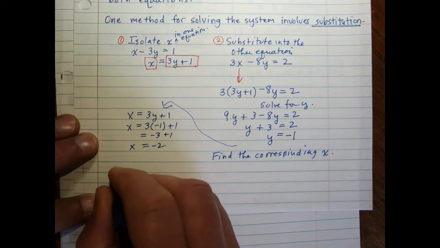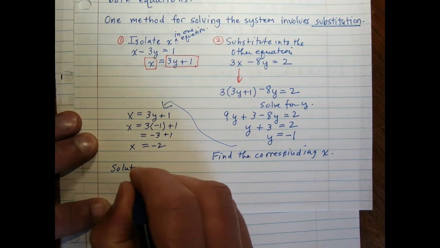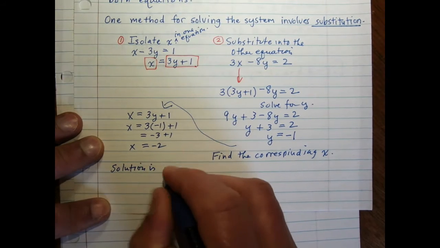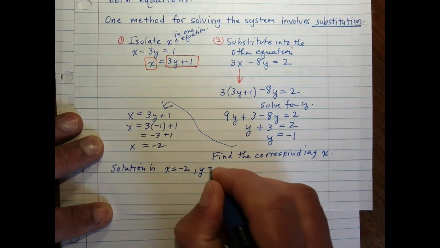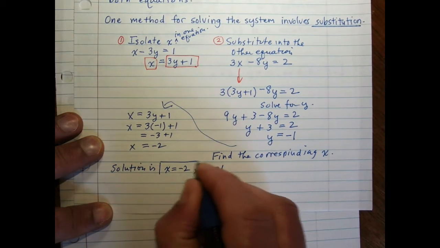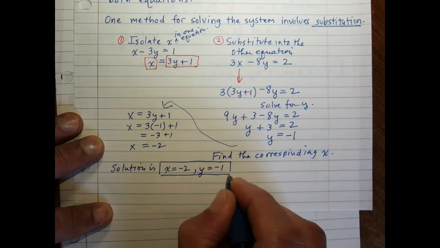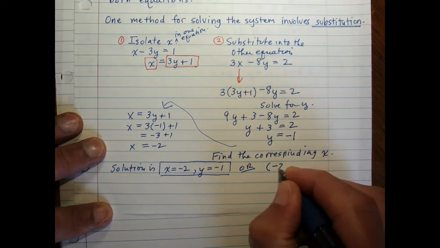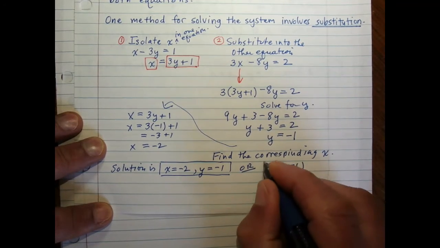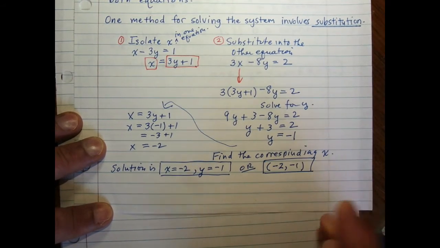So my solution is x equals negative 2, y equals negative 1, a value for x and a value for y. Or sometimes we just write that solution as an ordered pair, negative 2, negative 1 in parentheses.